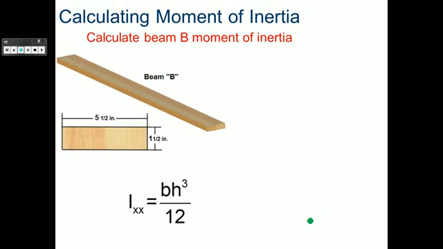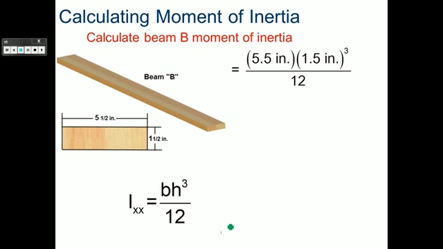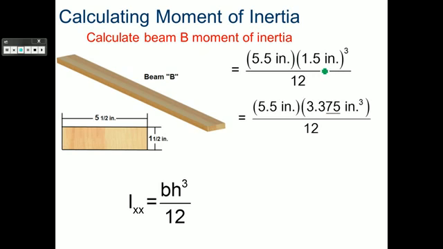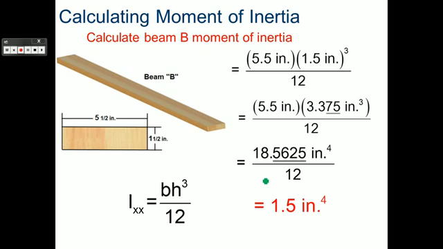Looking at the plank version, beam B, our base is 5.5 inches. So we multiply that by the cube of 1.5 inches. Notice we cubed 1.5 inches. We did not cube 5.5 inches here. Multiply all of it out, and I got 1.5 inches to the fourth power.